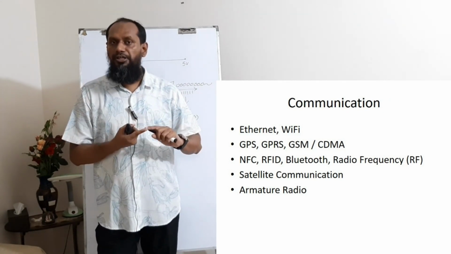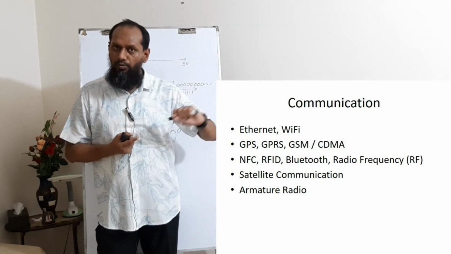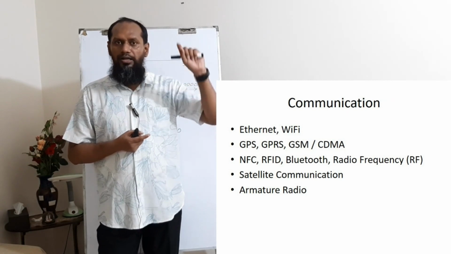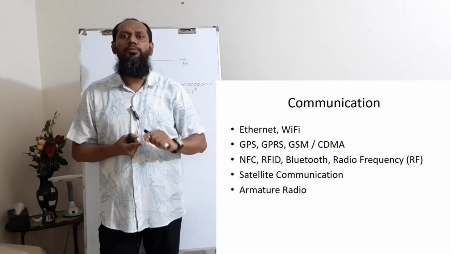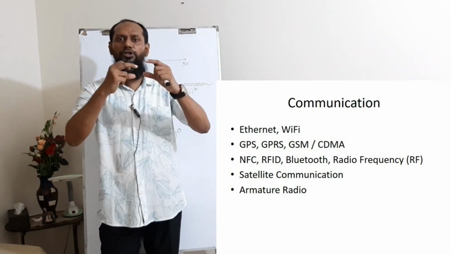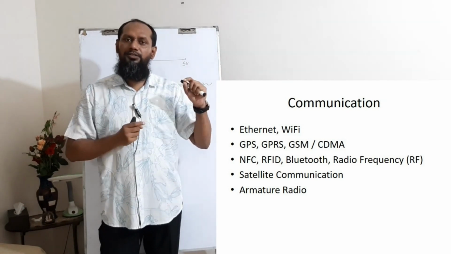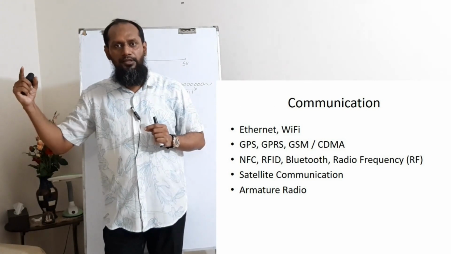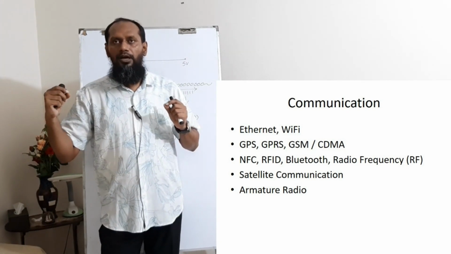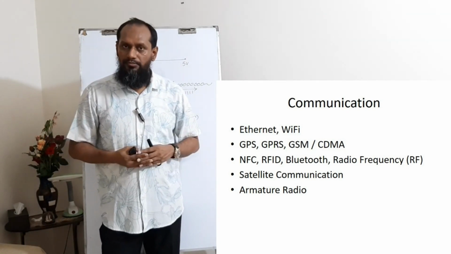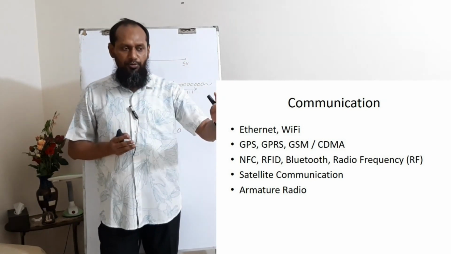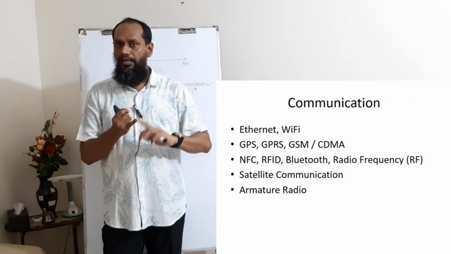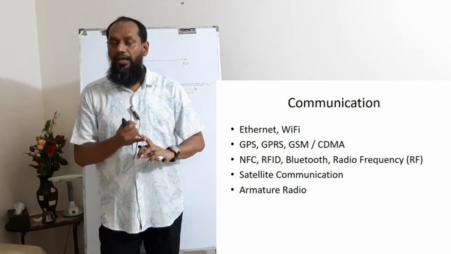Number one is the communication medium, whether it goes through a wire or wirelessly. If through a wire, what kind of signal is forming in the wire, and in which bandwidth? If wireless, what kind of radio frequency is generated, and in which frequency?